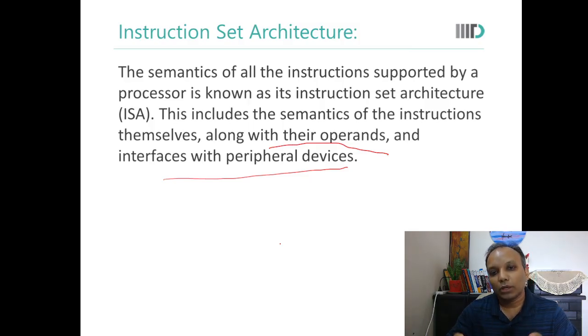Not exactly word lengths, basically the kind of data you would be able to deal with and their sizes. For example, whether you will be able to deal with floating point numbers, and if so, how many bits you will be using to represent those floating point numbers, etc. Those will also be defined by the instruction set architecture.